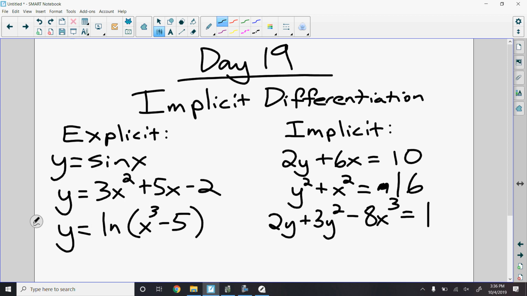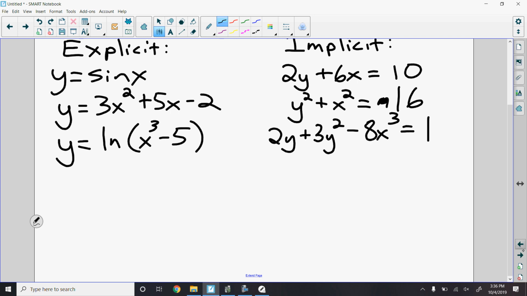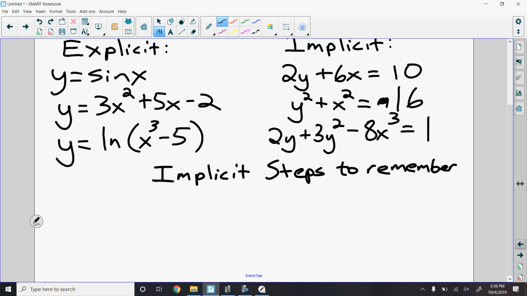So here are some things to keep in mind with implicit differentiation. Number one, we have to derive all terms in the equation.